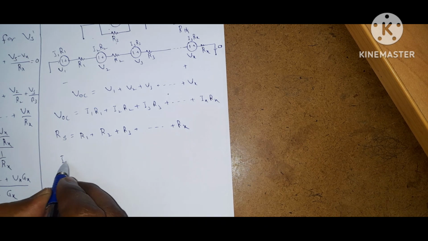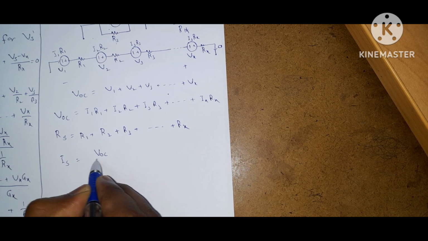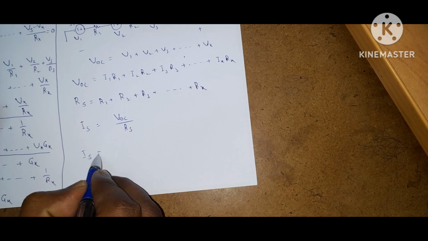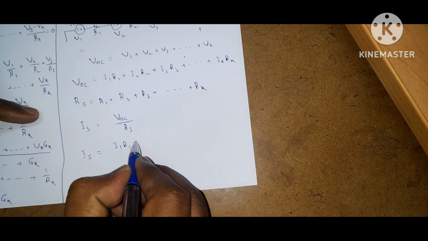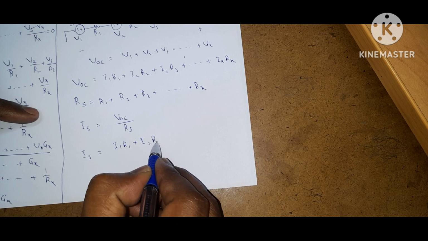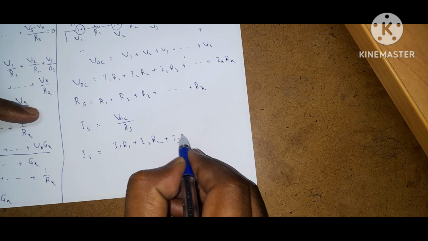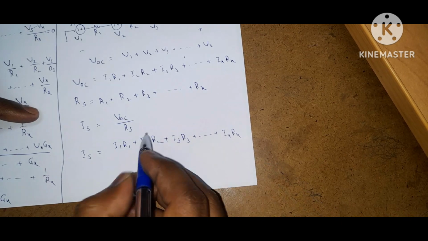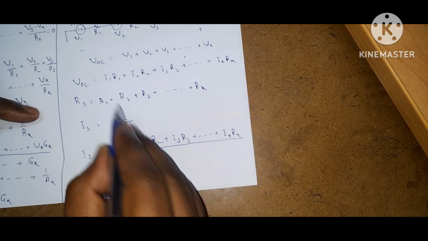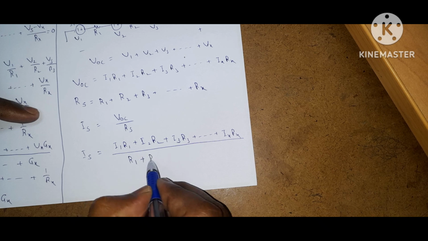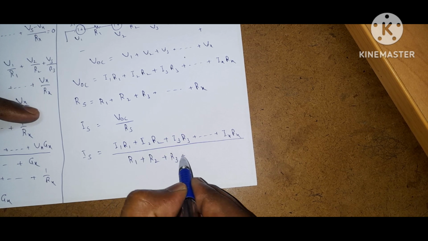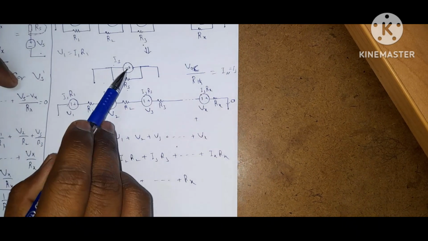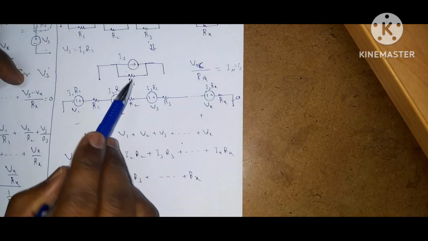From this, what is Is? Is is equal to VOC by Rs. So Is is equal to I1 R1 plus I2 R2 plus I3 R3 plus and so on plus Ix Rx by Rs means R1 plus R2 plus R3 plus and so on plus Rx. So this is the Is value and this is Rs value.